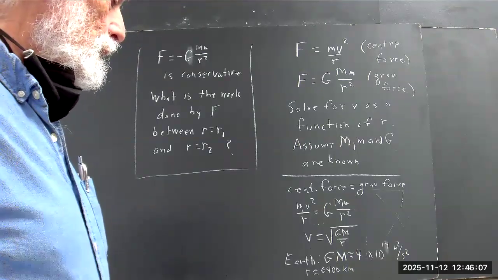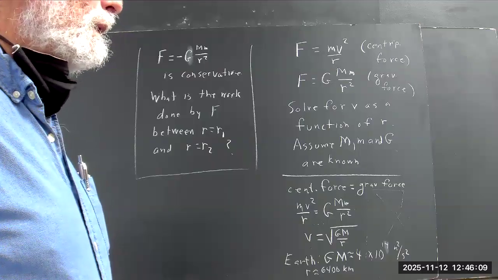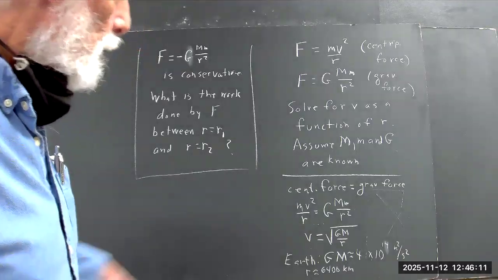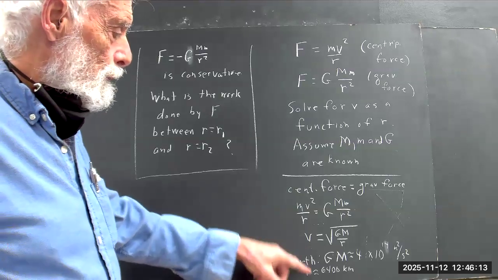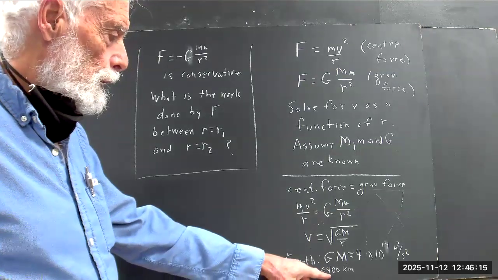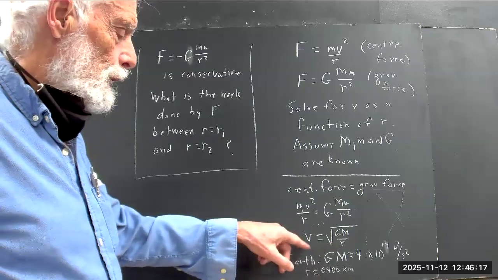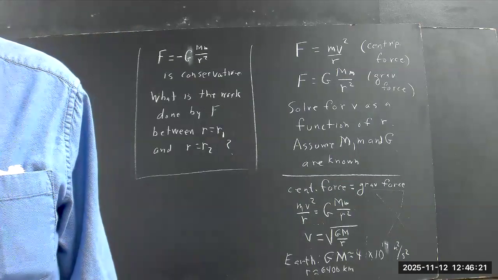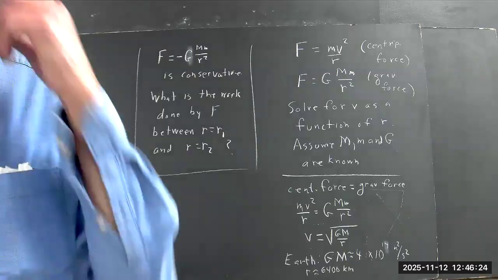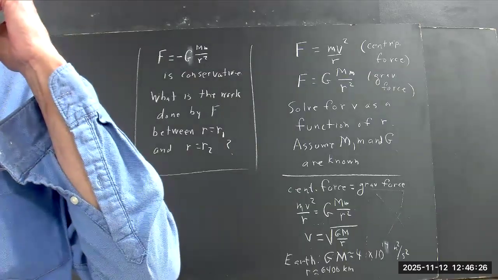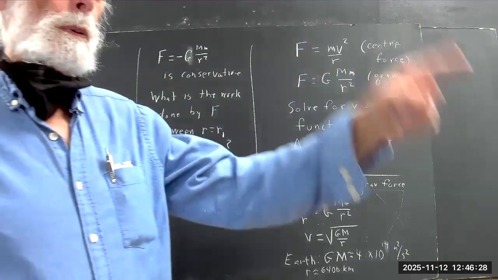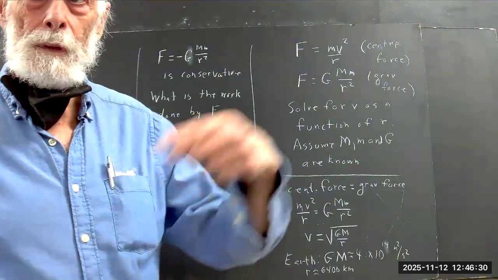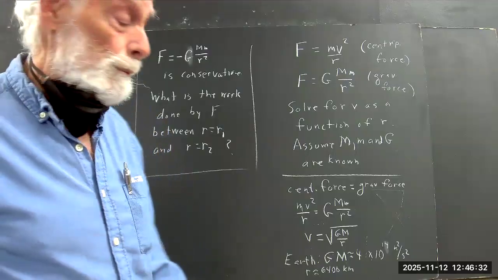The square root of 60 is 8. If you have just a little more in the radius of the Earth, this comes out on the order of 8,000 meters per second, which is about 17,000 miles an hour. And that's your orbital speed in low Earth orbit.